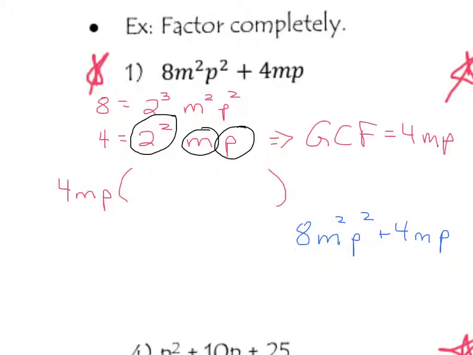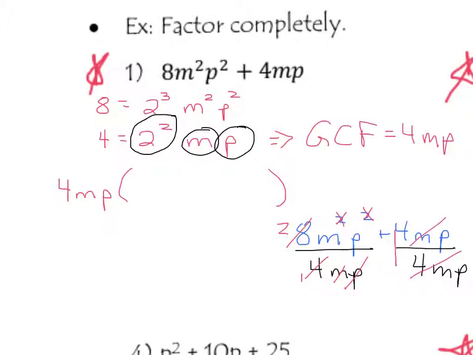If we divide each of these by 4MP, then in our first case 4 goes into 8 2 times, M goes into M squared once (remember, you subtract the exponents), and P goes into P squared once. And over here, everything cancels, leaving you with 1. So what you have left are 2MP plus 1.